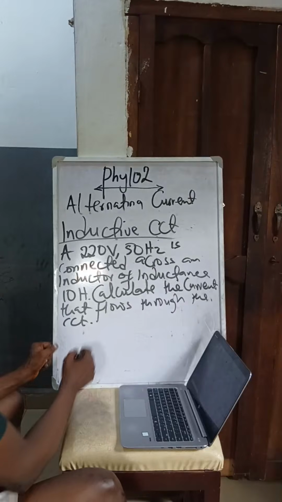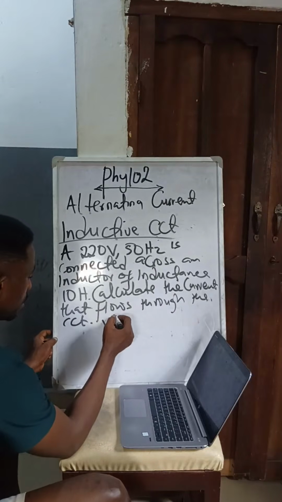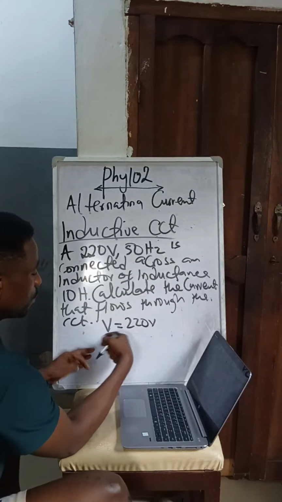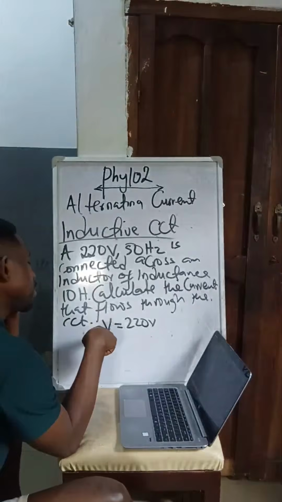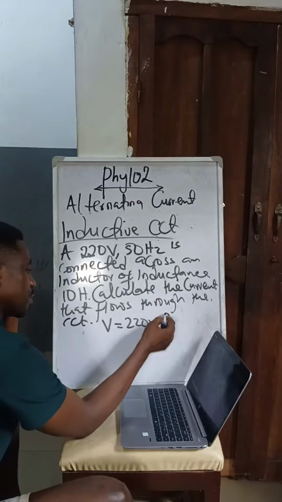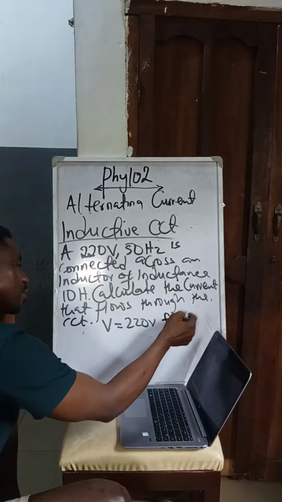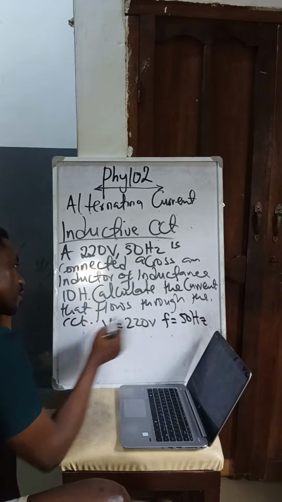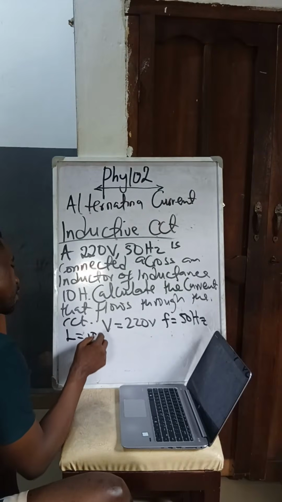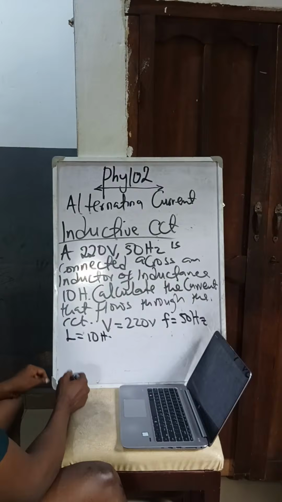So here, we've already known voltage, and this voltage given is called the root mean square voltage, 50 Hertz. Then Henry is L, which is 10 Henry.